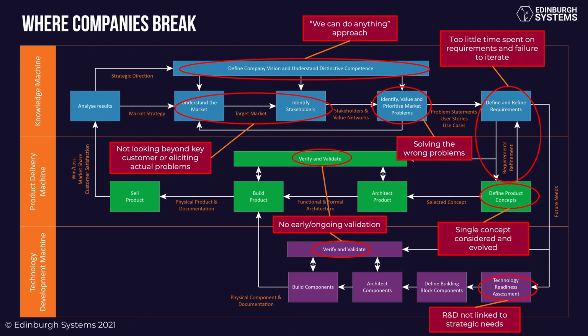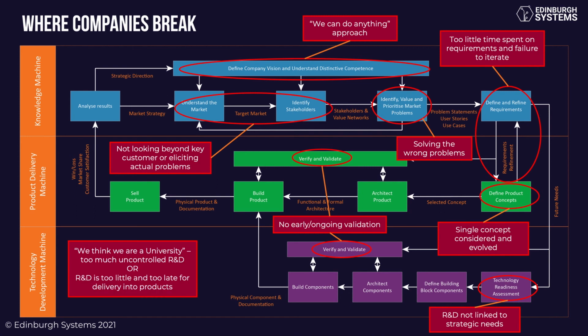Or in this bottom stage, they're not linking that R&D to strategic needs, so not linking the R&D to the market, and that can result in companies behaving like universities, so the R&D can be very uncontrolled in what is interesting to the engineers, or it could be too little and too late. If you're not focusing on the areas that are important, you might find that there's something critical for a project that then becomes critical path and holds up the development.